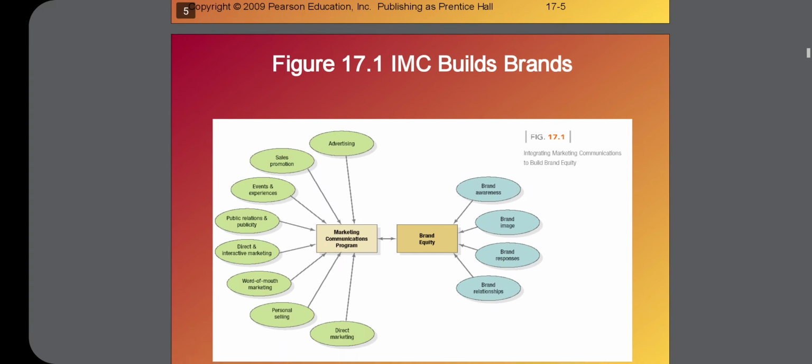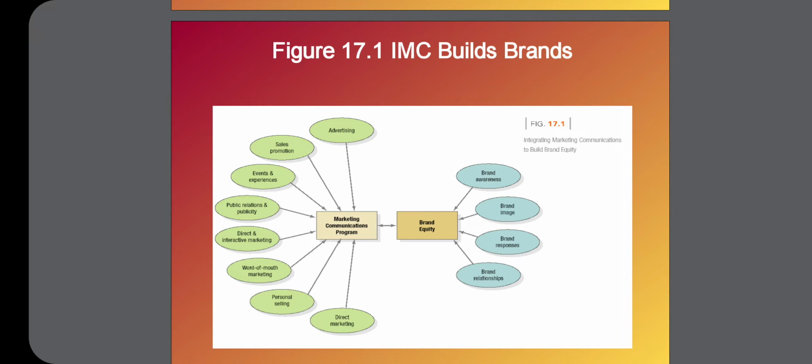So your integrated marketing communications builds brands, considering that your target audience will become aware about the product. It may also improve the image of the good.